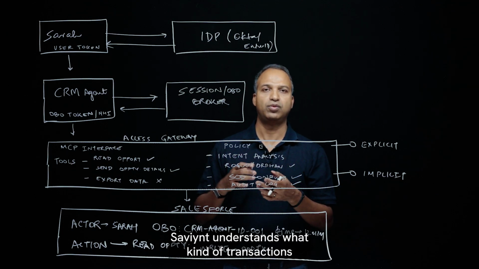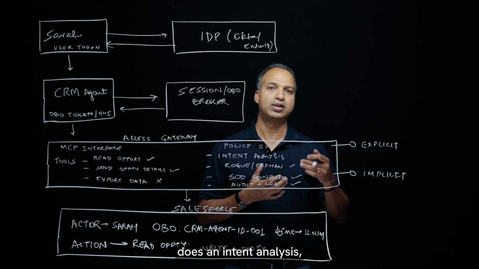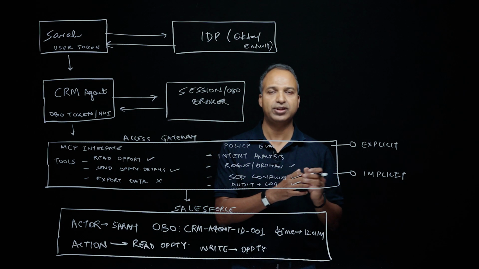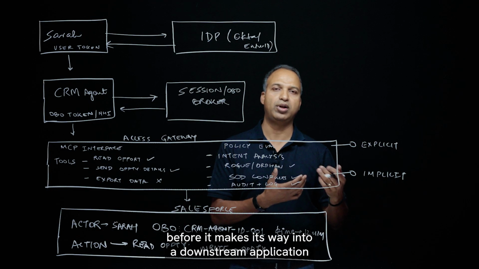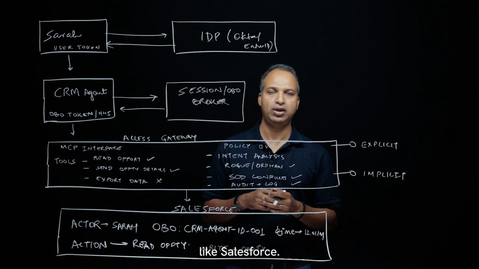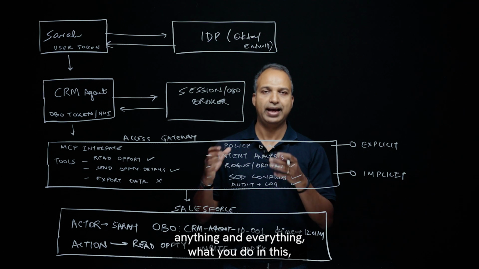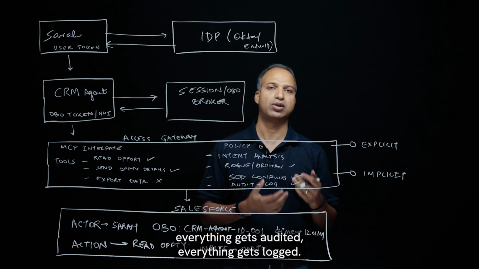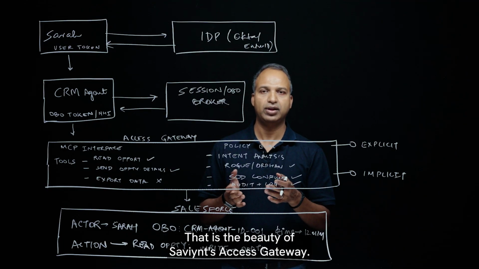Saviynt understands what kind of transactions can be performed, what tool calls are available, does an intent analysis, and enforces your security policies before it makes its way into a downstream application like Salesforce. Needless to say, anything and everything you do in this gets audited and logged. That is the beauty of Saviynt's Access Gateway.